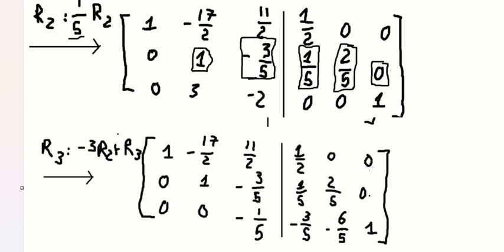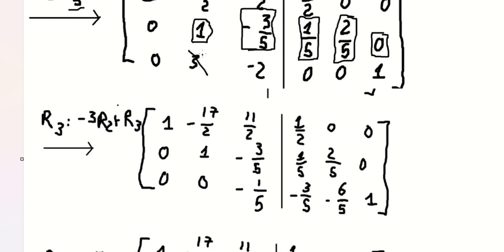The next one, we want to cancel number 3 in here. So we use negative number 3 multiplied by row number 2, because we have number 1 right here, plus the value of row number 3. That's why you get number 0 in here.